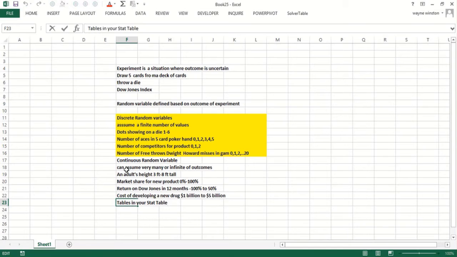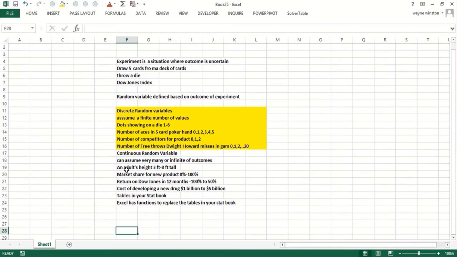Excel has functions basically to replace the tables in your stat book. And we want to learn how those functions work.